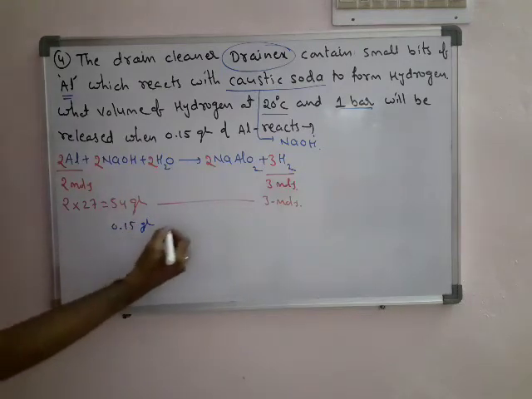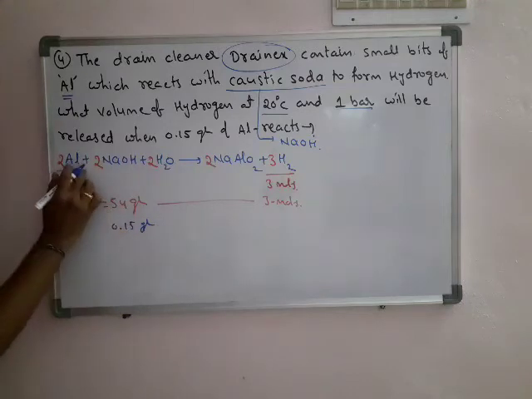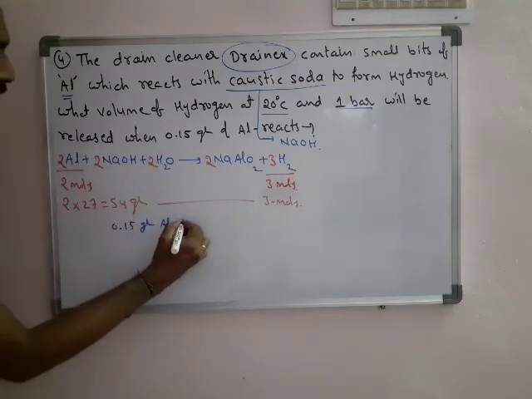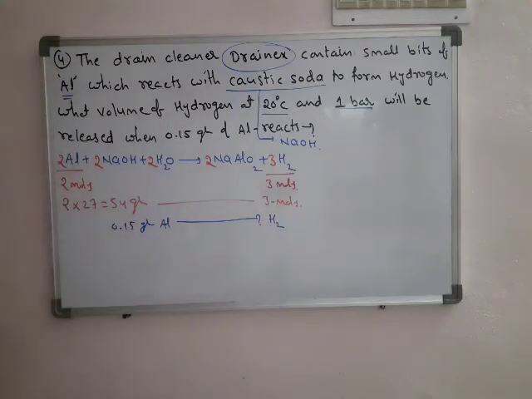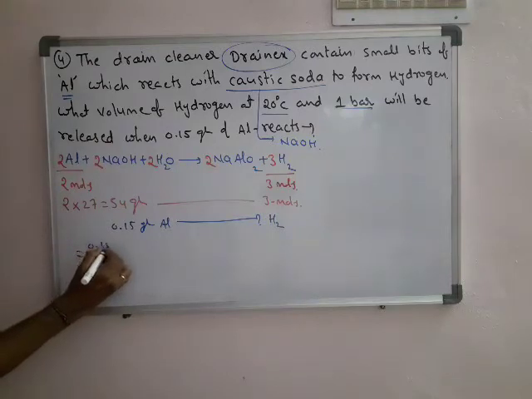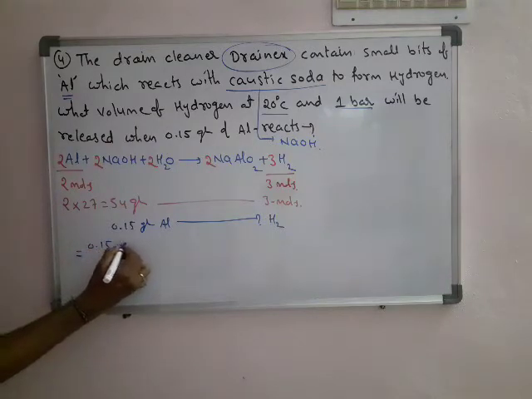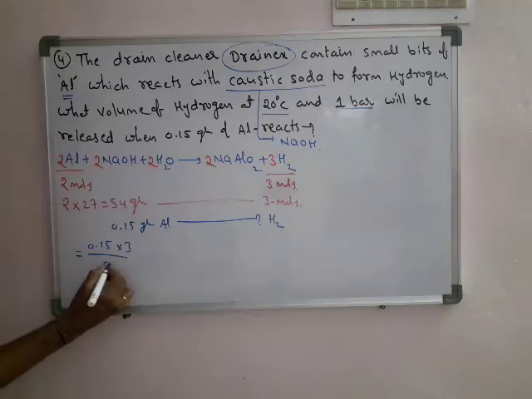Then what about 0.15 grams? 0.15 grams of this aluminium produces how many moles of hydrogen? That is 0.15 times 3 by 54.